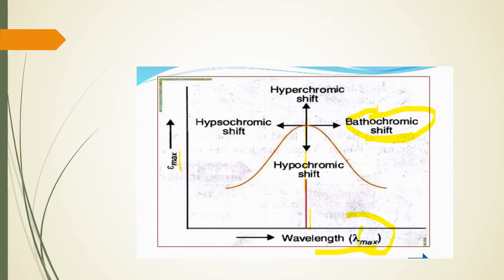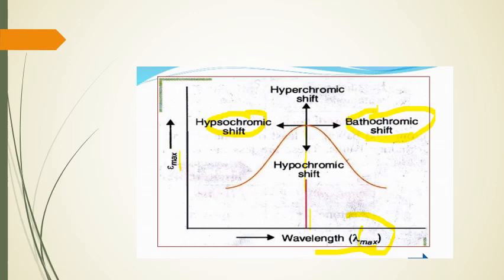If this lambda max is shifted towards the lower wavelength, that is called hypsochromic, which is also called blue shift. So towards the left hand side, we have lesser wavelength shifting, that is called hypsochromic shift, blue shift. So both of these are absorption shifts which cause the shifting of this lambda max.